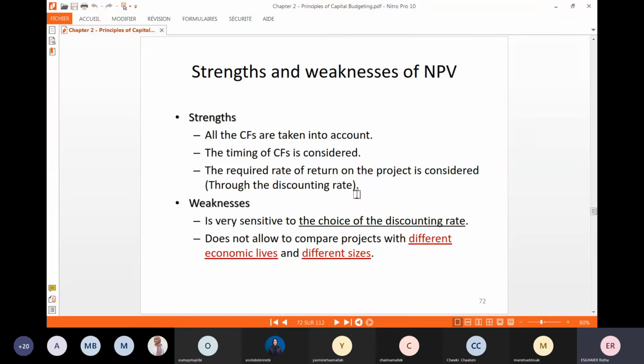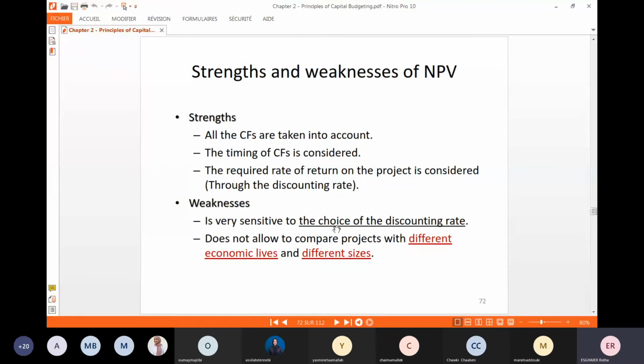But we will see it next year in the corporate finance course, the weaknesses of this NPV and how to correct these weaknesses. According to the discount rate, the NPV is very sensitive.